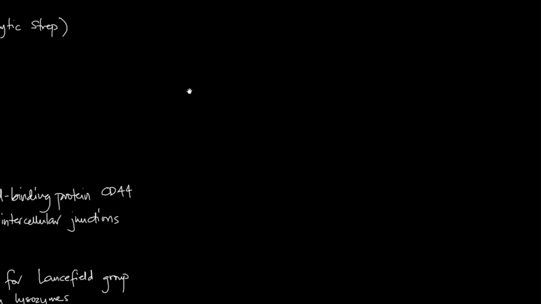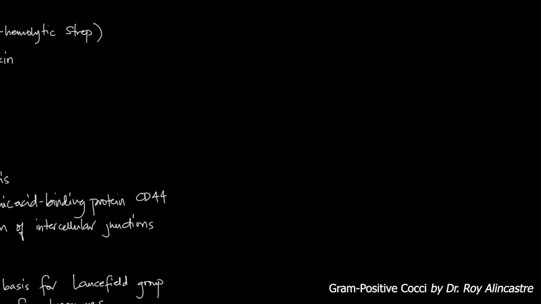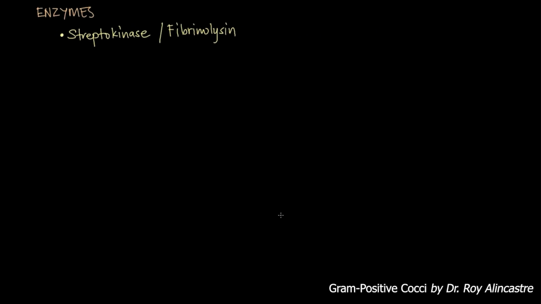Now, the group A Streptococci also produce three important inflammation-related enzymes. So first, group A strep produce streptokinase or fibrinolysin. No? So this activates plasminogen to form plasmin, which dissolves fibrin in clots. This then allows the bacteria to escape from blood clots.